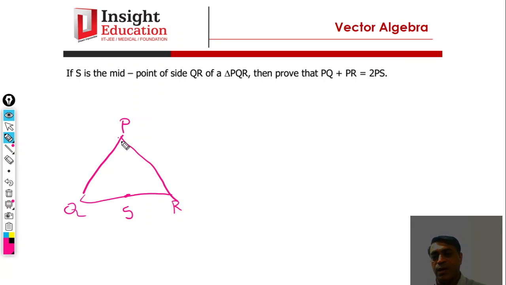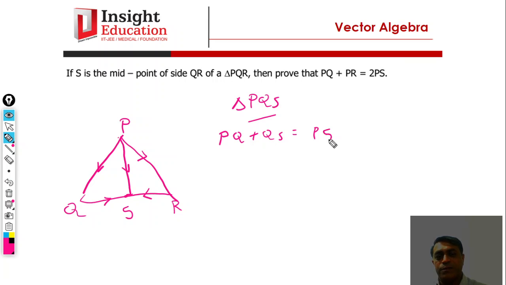Prove this. Okay. So if S is the midpoint, then I can draw a perpendicular. Okay. So now PQ, QS, PS, RS, and I can say PS. So consider triangle PQS. For triangle PQS, I can write PQ plus QS is equal to PS.